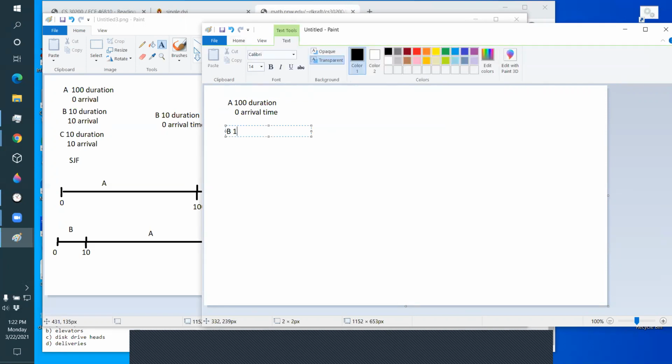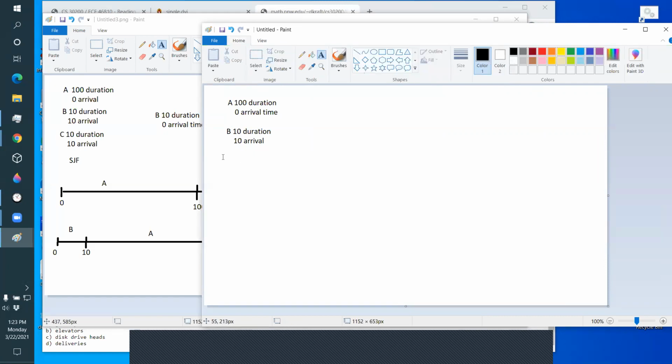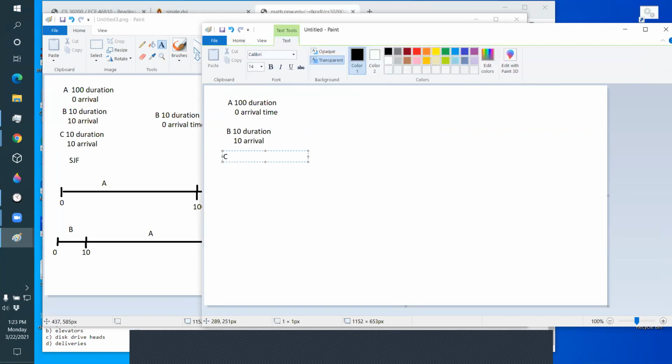B is going to have a duration of 10 and an arrival time of 10. I'll give C an arrival time of, say, 30.